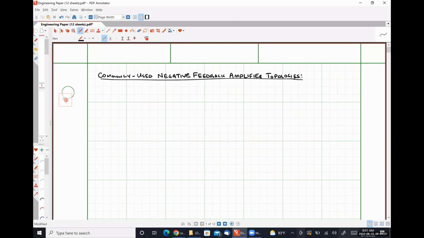The first circuit that we're going to look at is called the unity gain buffer.